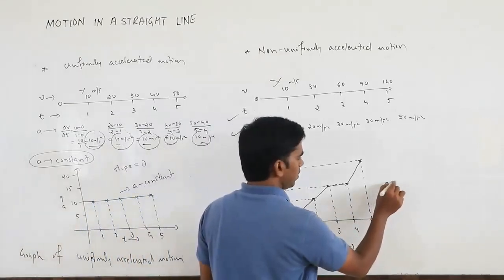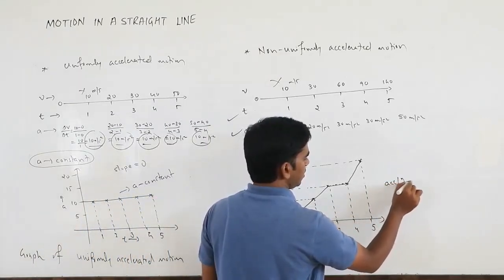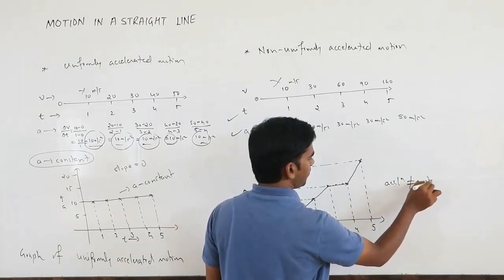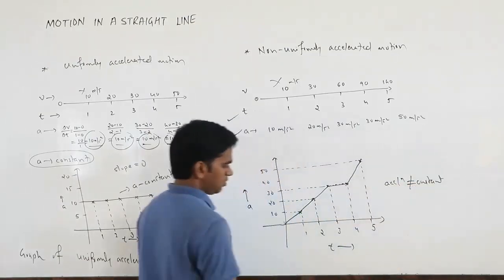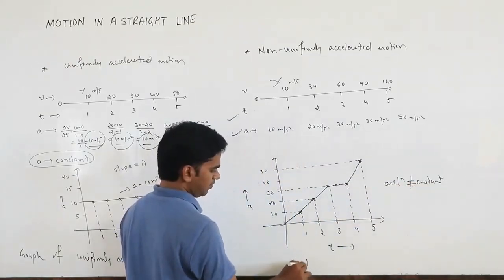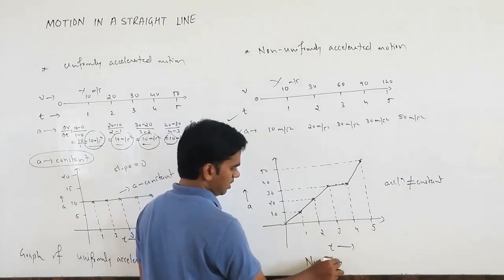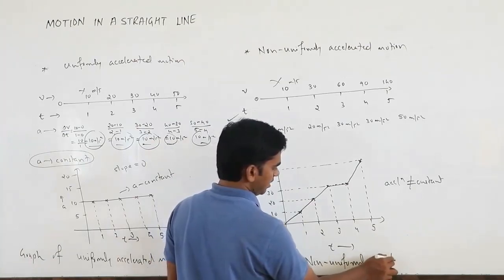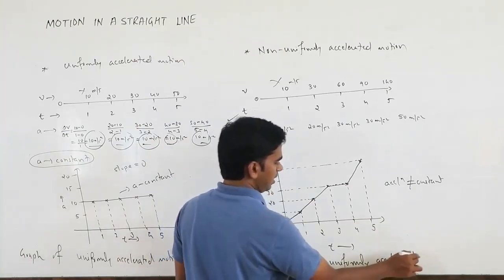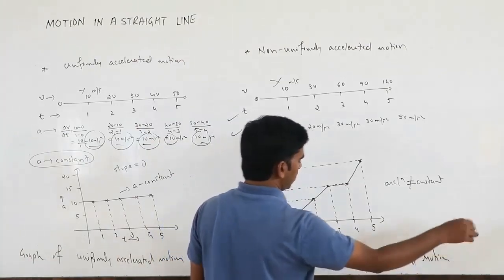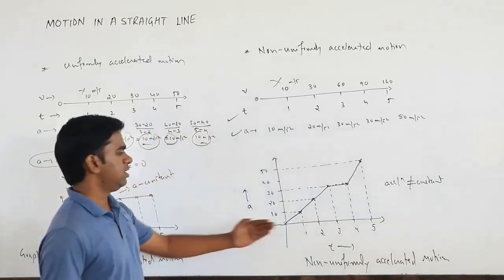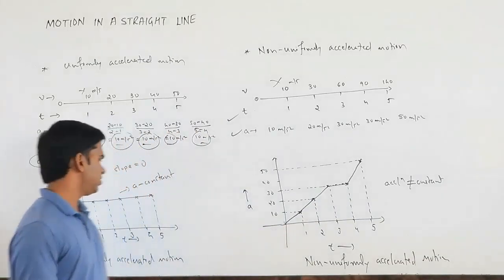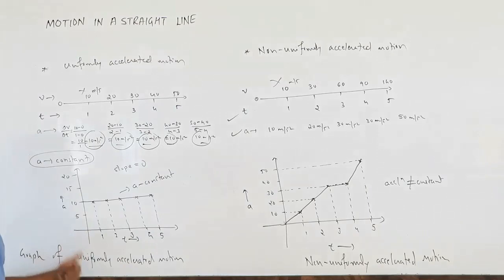That is why it is the graph of non-uniformly accelerated motion. This is the graph for non-uniformly accelerated motion, and the other is for uniformly accelerated motion.